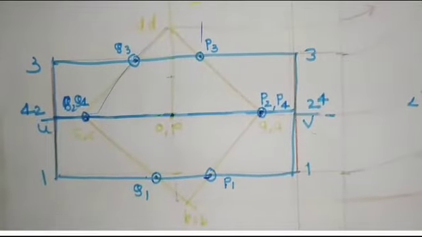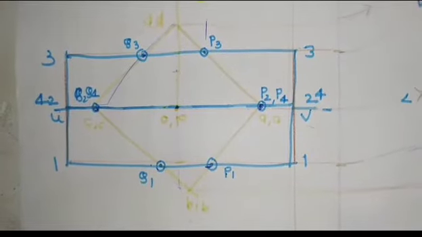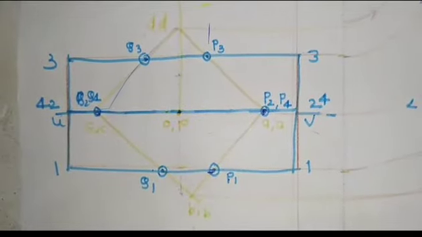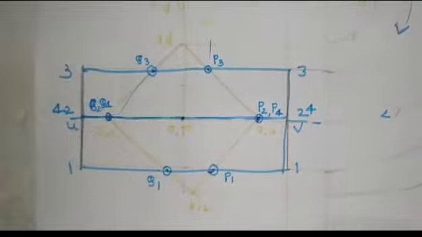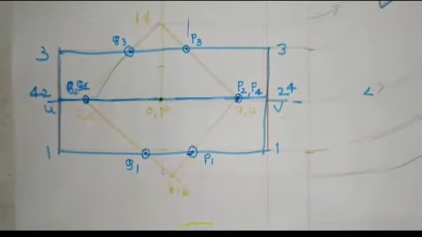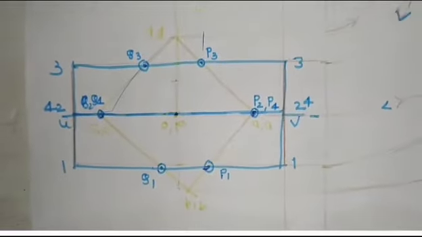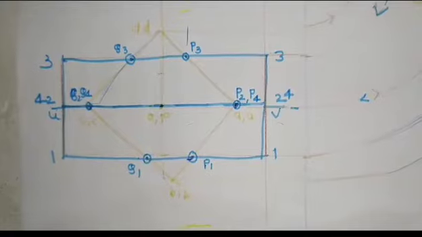Now, here, the vertical solid is cut, or the material of the vertical solid is removed. Until and unless we remove the solid of the vertical member, the horizontal member will not penetrate.